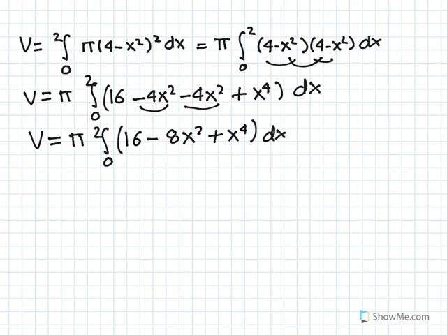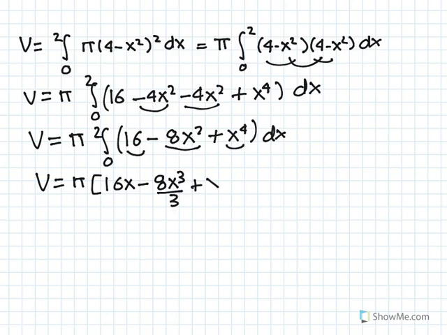We now integrate this with respect to x. We get volume is equal to pi, integral of 16, that's 16x. Integral of 8x squared is 8x cubed divided by 3. And integrate x to the fourth, that's x to the 5 divided by 5, evaluated from 0 to 2. Now we apply the fundamental theorem of calculus.